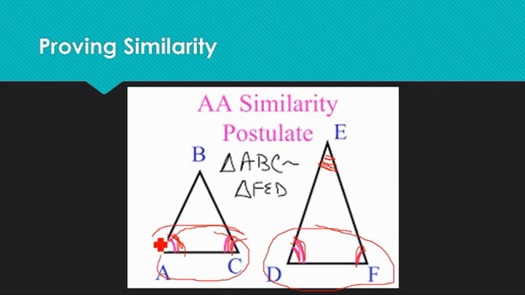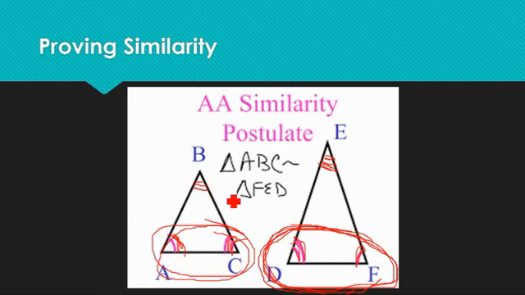So if I subtract the sum of A and C from 180, I would get the same number as if I subtracted D and F from 180, because angle D and angle F are congruent to angle C and angle A.